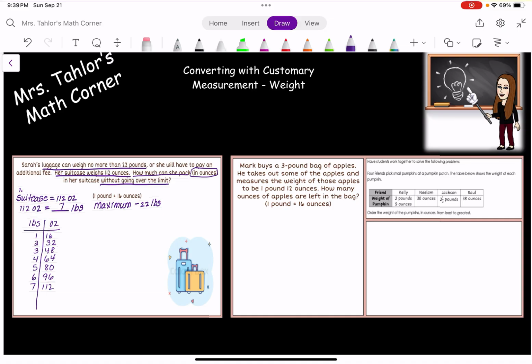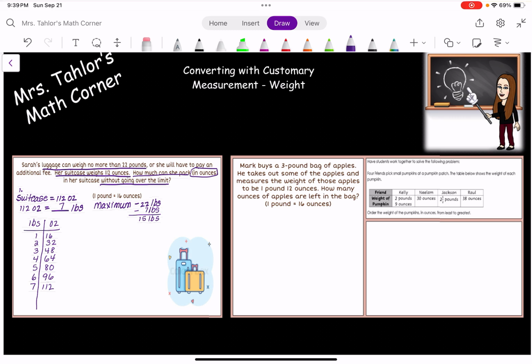So, knowing what I know about the maximum weight allowed of 22 pounds, I could subtract the 7 pounds that Sarah's suitcase weighs, and if I do that, I end up with 15 pounds. Well, the question specifically said, how much can she pack in ounces?